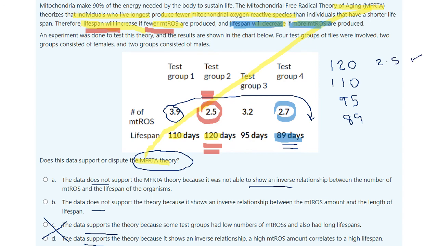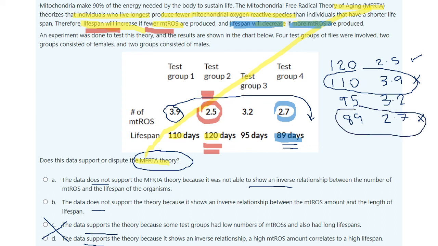That's good. But the 110 days has 3.9, the longest. So that does not support the theory. 95 days has 3.2, which is kind of okay, but 89 days has 2.7, which is very bad. It should have quite a big number of MTROS. So because of this and this, the data is not supported.